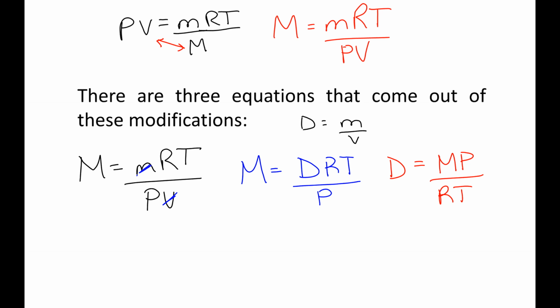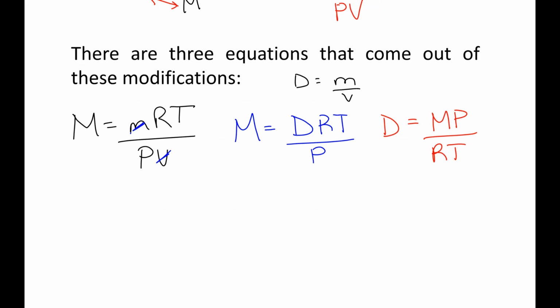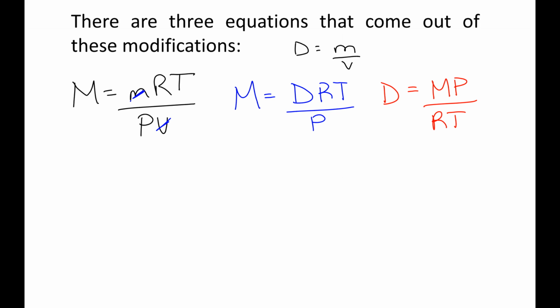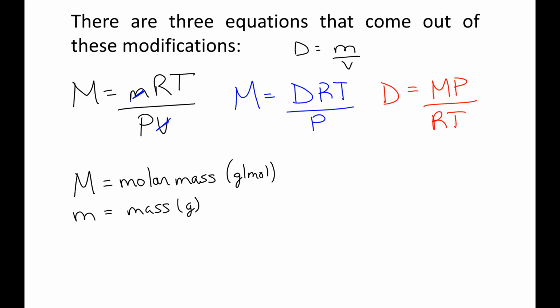Now, before we go any further, I want to make sure you guys know what each of these things is. So the big M here is your molar mass, and that's in grams per mole. That's the unit. The little m, on the first equation, is mass, which is in grams. And then D is density, and that has to be in grams per liter.